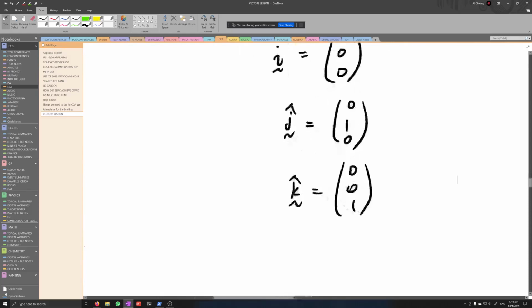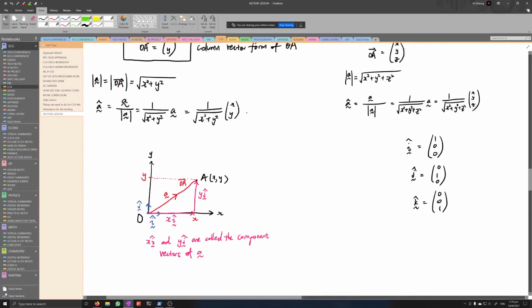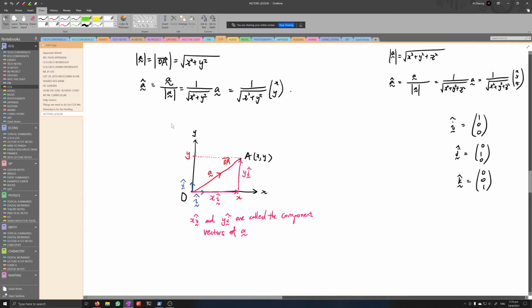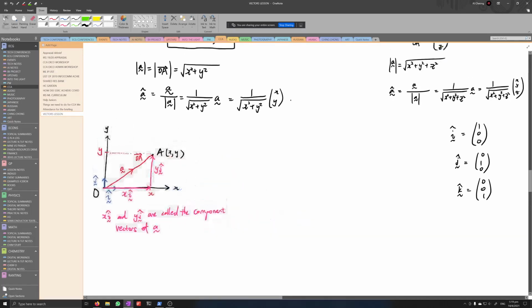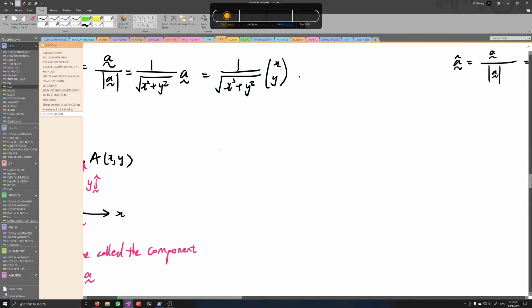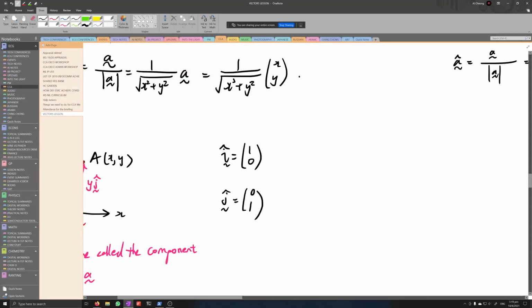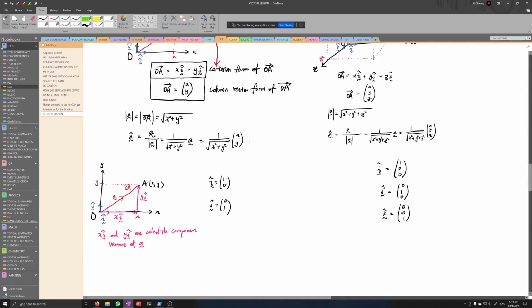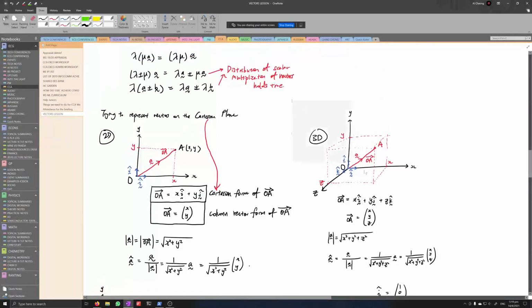One unit in the positive z direction, nothing else for the other two. That's for the 3D case. And for the 2D case, we have i hat equals (1, 0), j hat equals (0, 1).